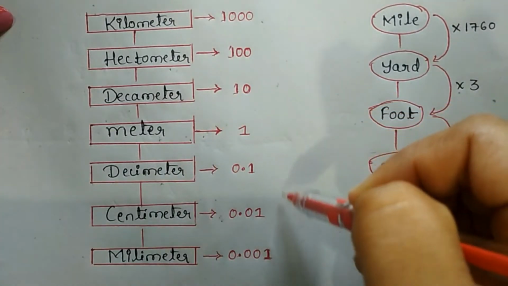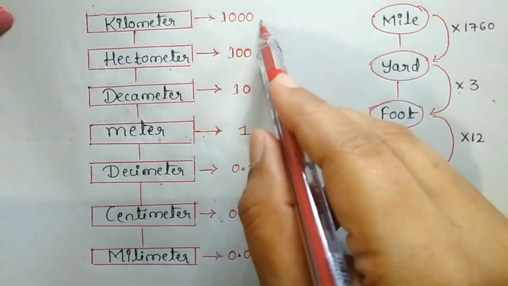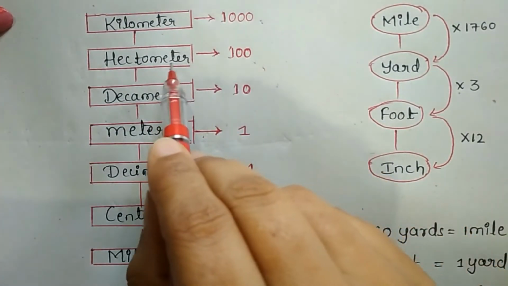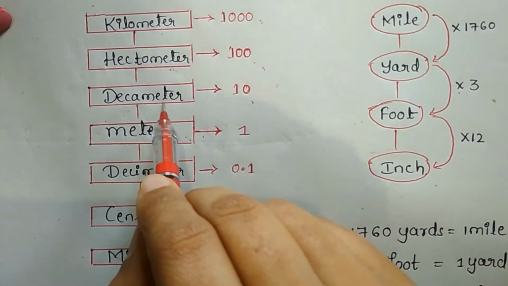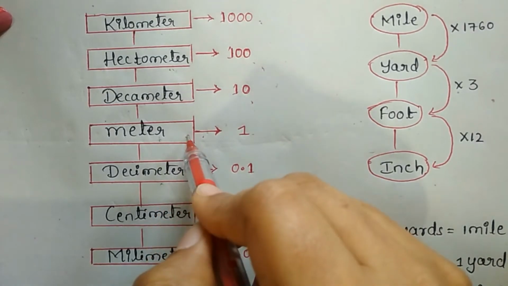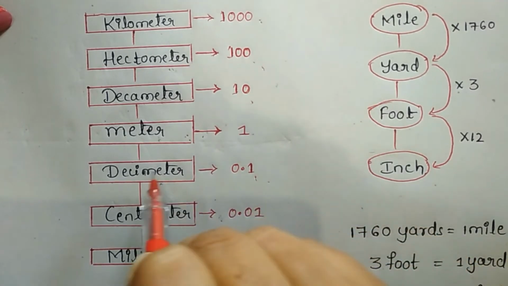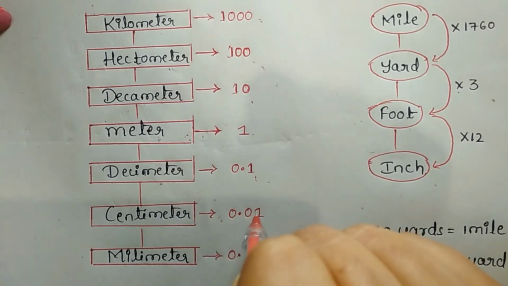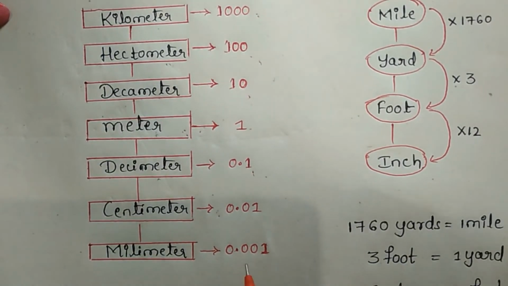I have written all the measurements in meters for each unit. 1000 meters is equal to 1 kilometer, 100 meters is equal to 1 hectometer, 10 meters is equal to 1 decameter, 1 meter is the basic unit, 0.1 meter is equal to 1 decimeter, 0.01 meter is equal to 1 centimeter, and 0.001 meter is equal to 1 millimeter.